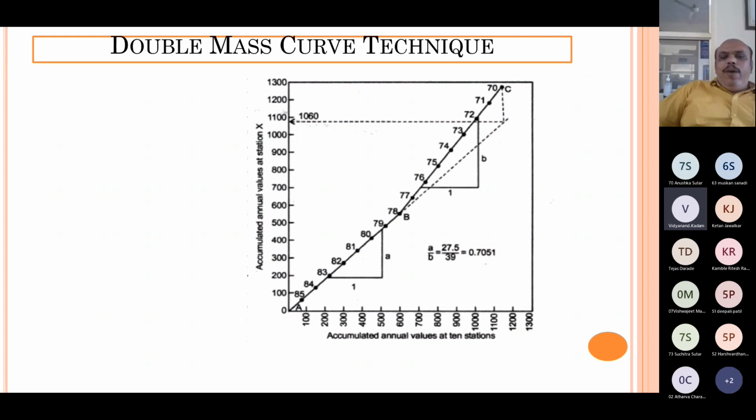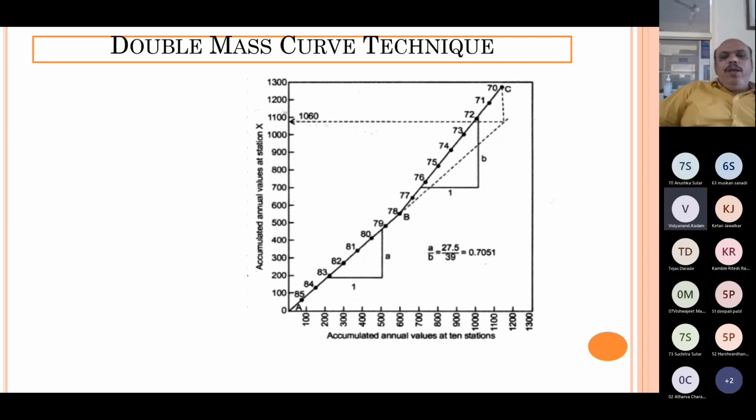These values are plotted for a number of years, here from 1970 to 1985. And we see that there is a break in the graph. There is not a single slope to the graph.